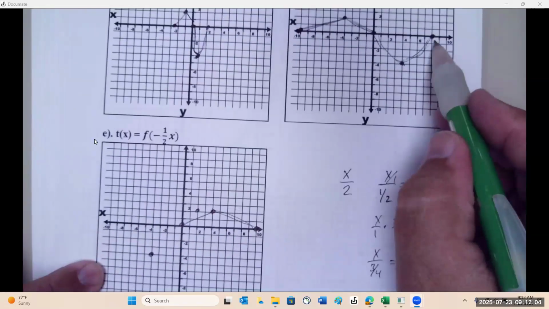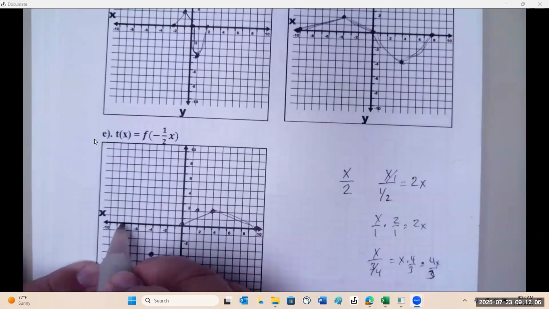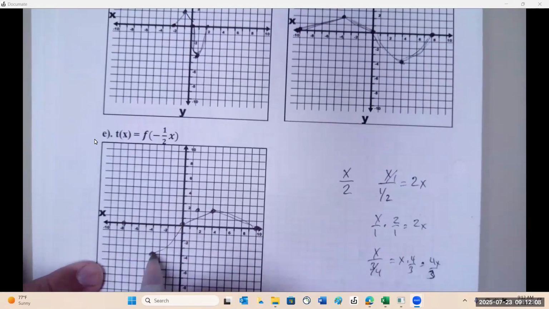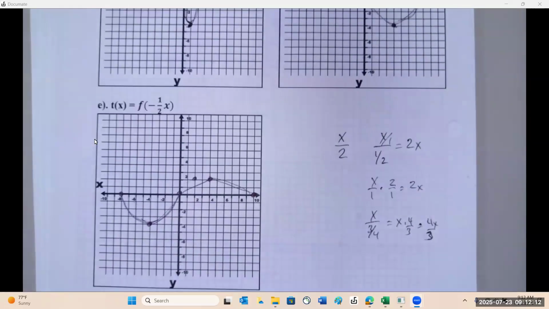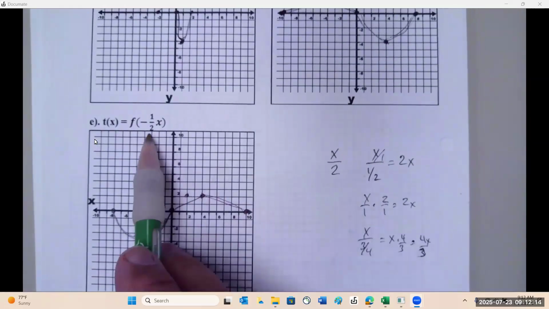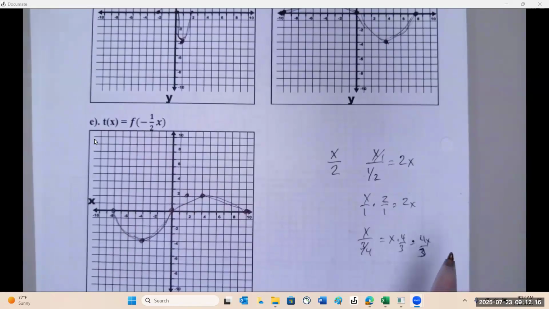And then 8, 0 becomes -8, 0. So if you have a negative coefficient inside there, all it does is flip across the y-axis.